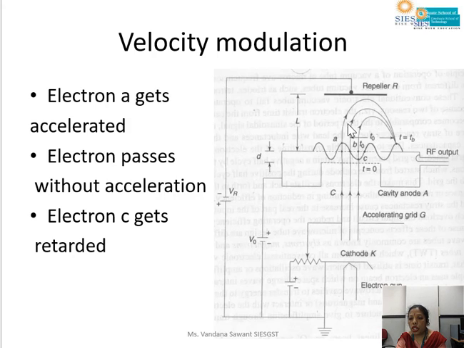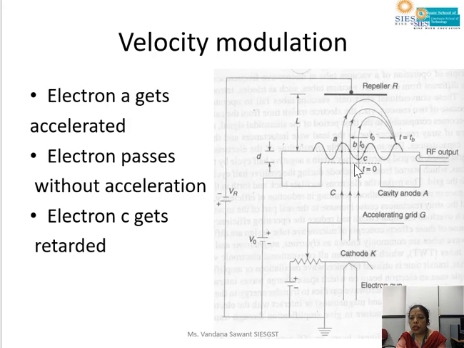So there is no change in the velocity of electron B, and it will travel with normal velocity in the repeller space, get reflected by the repeller, and come back again to the cavity. Then the electrons encountered at position C, that is electron C.